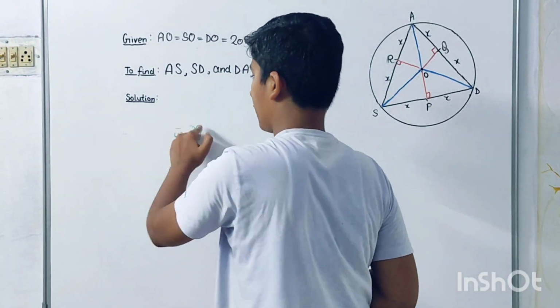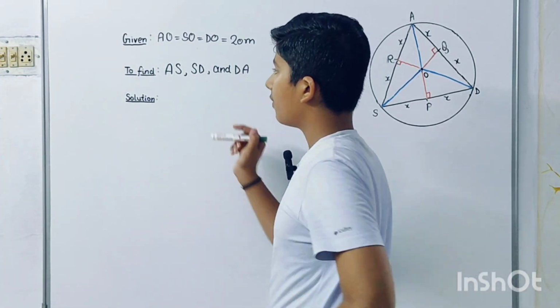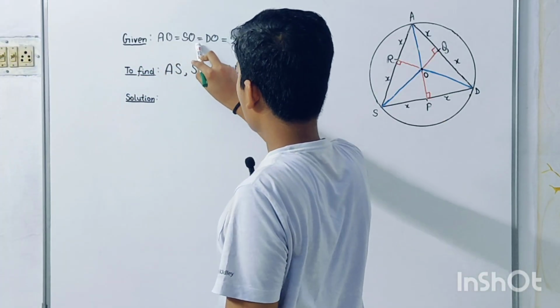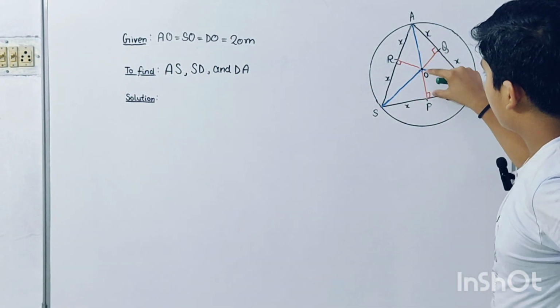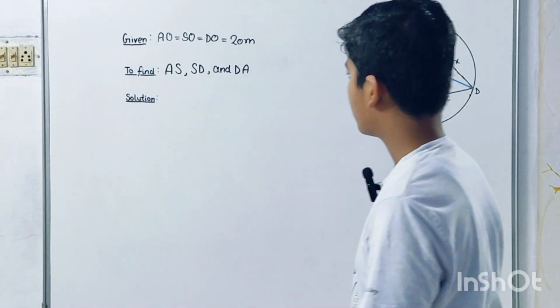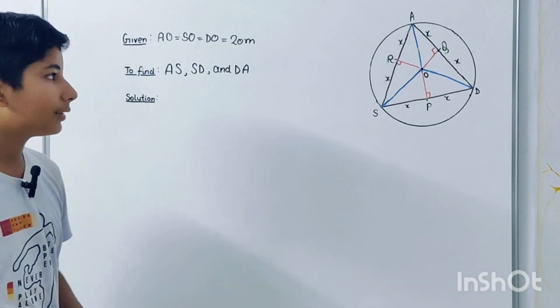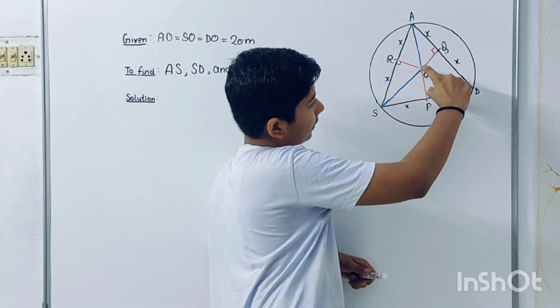So now let's start. It is given that AS, SD, and DA we have to find. AO, SO, and DO, their length is 20. Okay, let's start. So first of all, we have to find out the length of this thing.